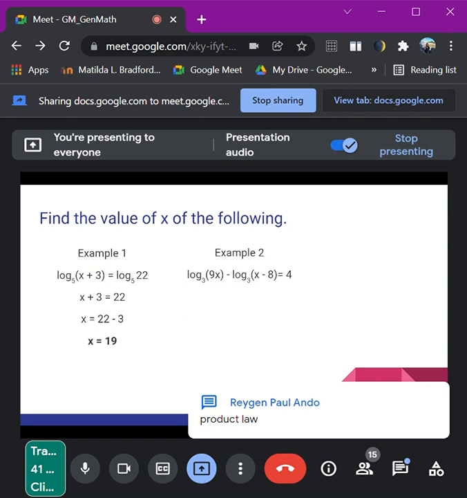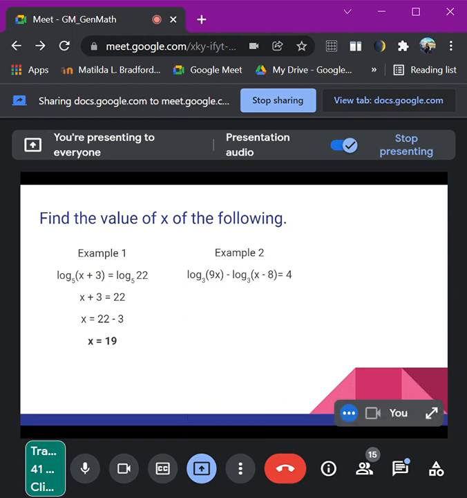Okay. Product law. Di ba, kung addition siya class, then that's the time we can use the product law. But since naa man tayo subtraction, so we are going to use our quotient law. Okay, quotient law. Subtraction man siya class, di ba, naa na siya sa atong laws of logarithm last time. So, we can combine this one using the quotient law. So, what will happen?